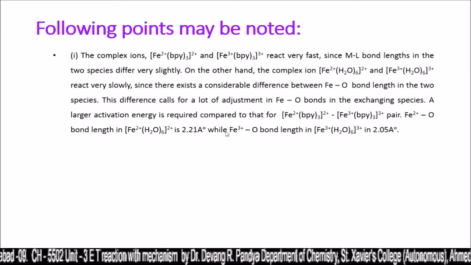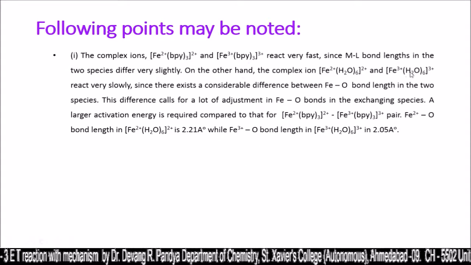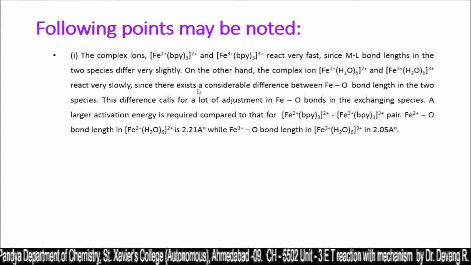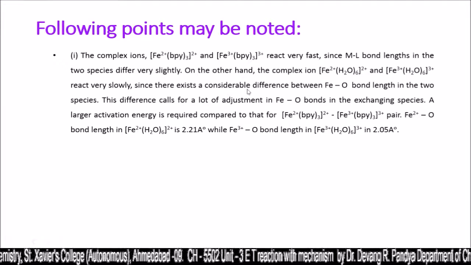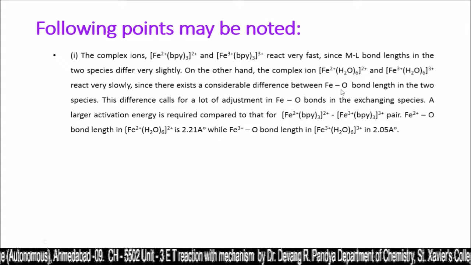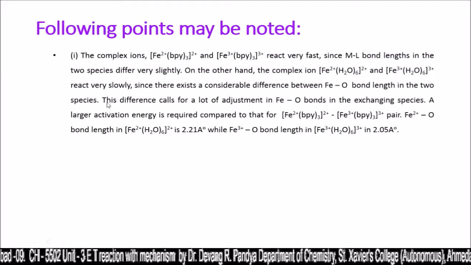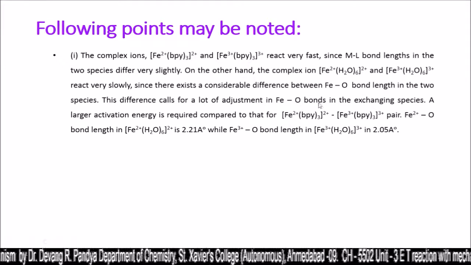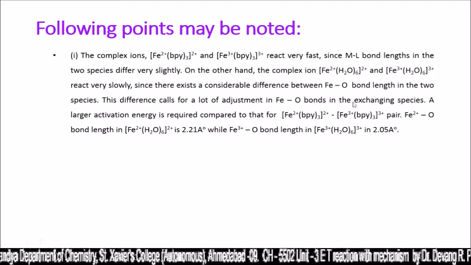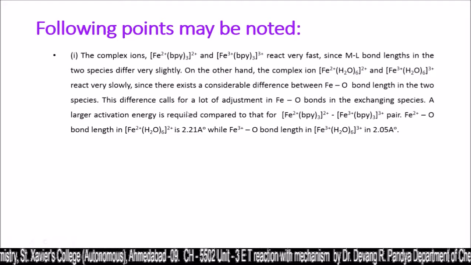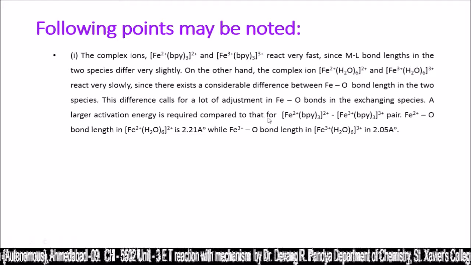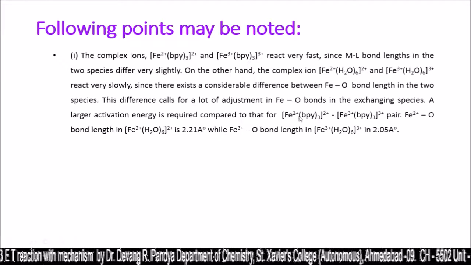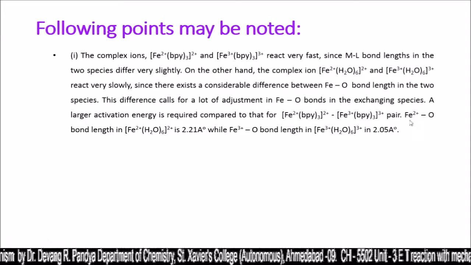On the other hand, the hexaaquairon(II) and hexaaquairon(III) complexes react very slowly, since there exists a considerable difference between the Fe-oxygen bond lengths in the two species. The difference calls for a lot of adjustment in the Fe-oxygen bond length in the exchanging species. A large activation energy is required compared to the above example of the tris bipyridyl iron(II) to iron(III) pair.